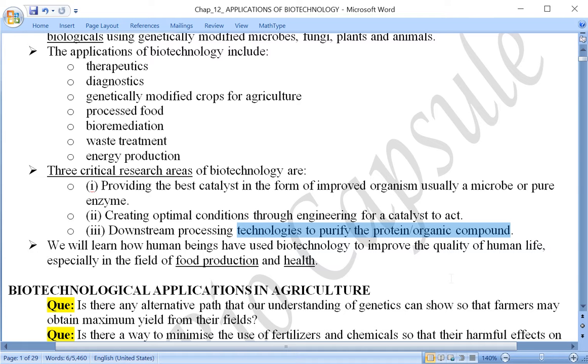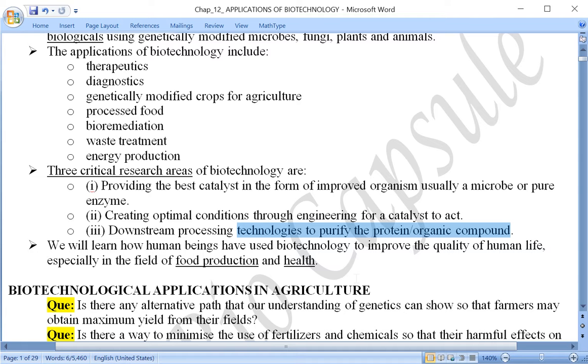Some hindrance will be there with its function. And in order to discuss all these topics one by one, in this chapter we will learn how biotechnology has been used by human beings for improving the quality of human life.